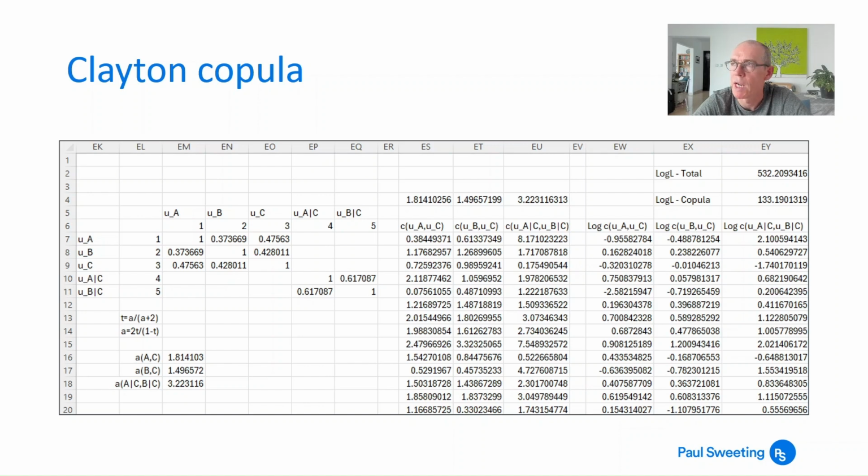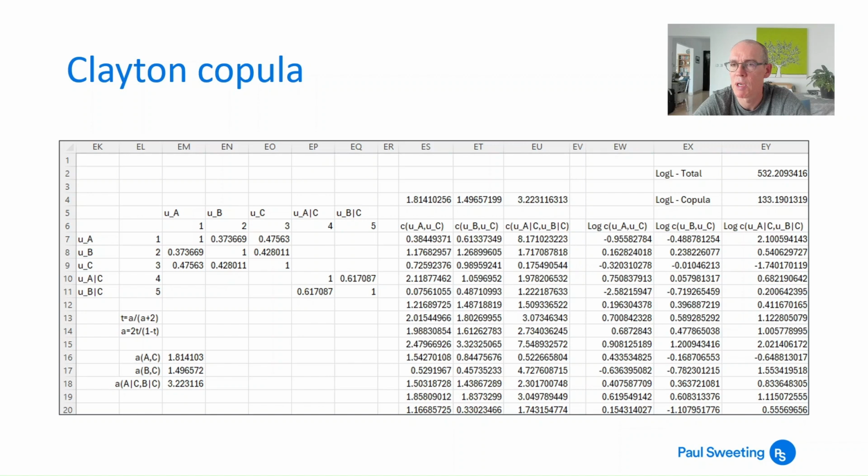Now, we could actually try to improve it even further here, because what we did was we calculated the values of alpha that go into our fit using the method of moments. But because we've got this formula, what we could actually do is use Excel Solver, and we'll try to maximize the value of EY2.